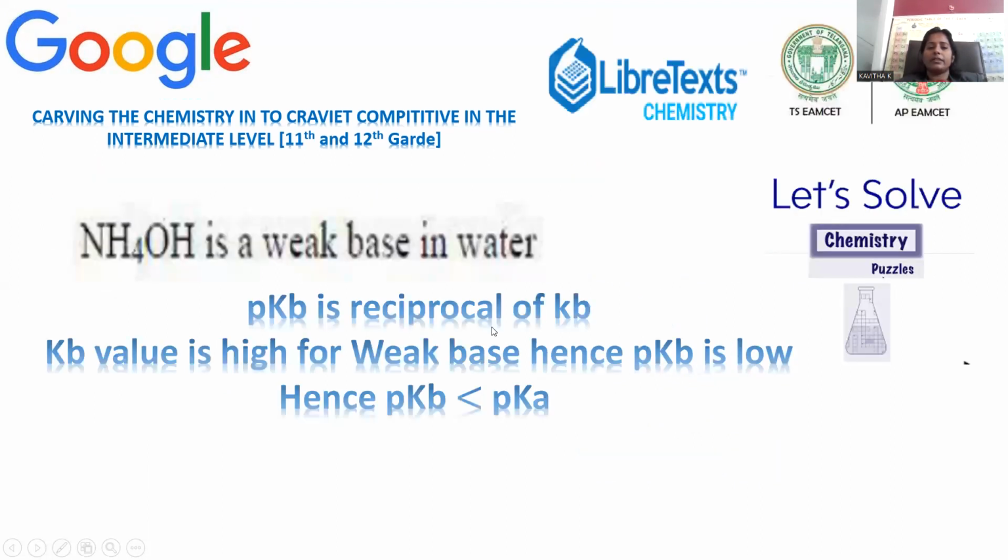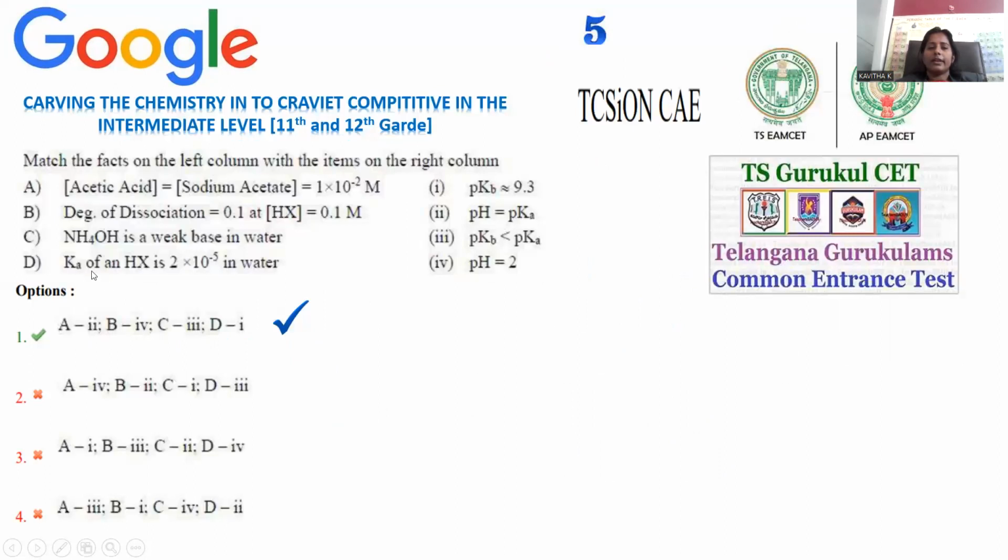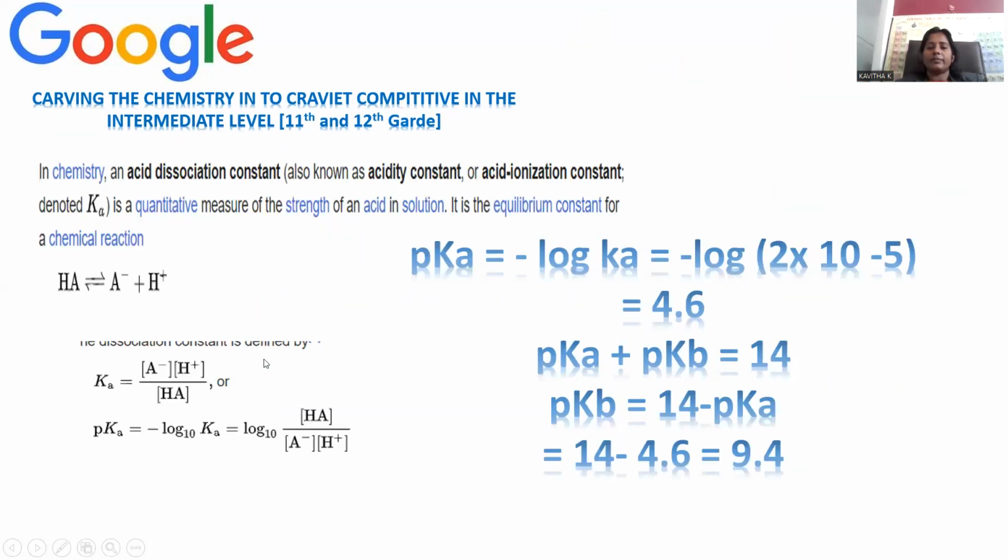Ka value is given in the equation, that is 2 into 10 to the power minus 5. So negative log of 2 into 10 to the power minus 5. If you calculate this entire one, it will be 4.6. The value obtained is minus of minus 4.6, so minus minus compensates and it is 4.6. So pKa value is 4.6.